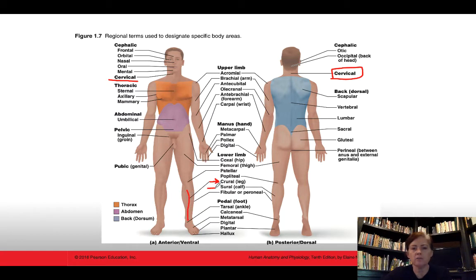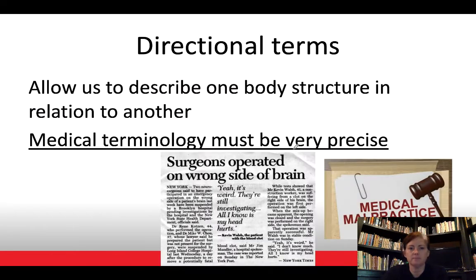And sural is going to be your calf on the back part of your leg. So those are specific there. But go through those and take a look at the regional terms and pair them with that area on your body to help you practice that.